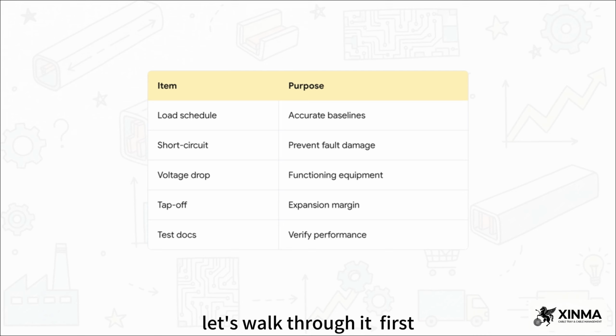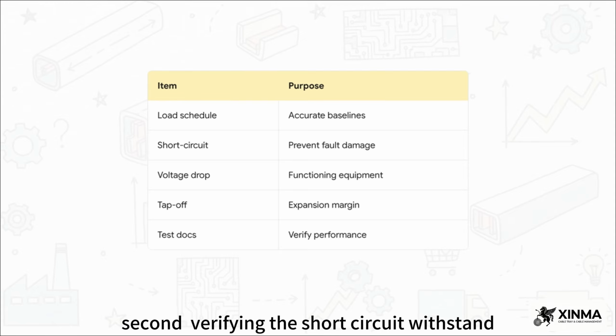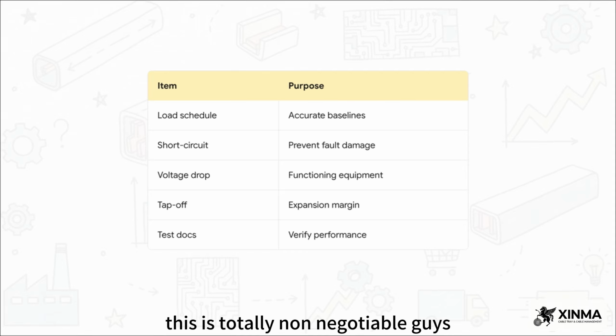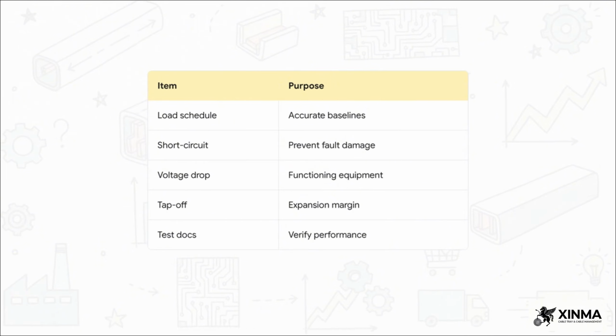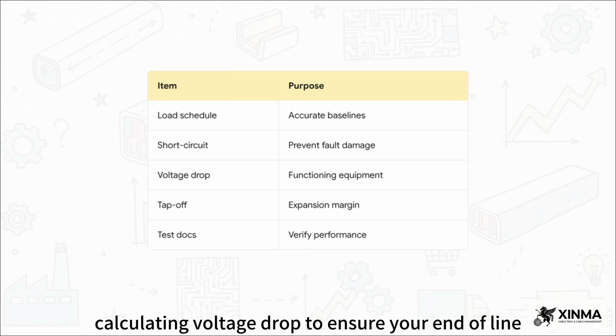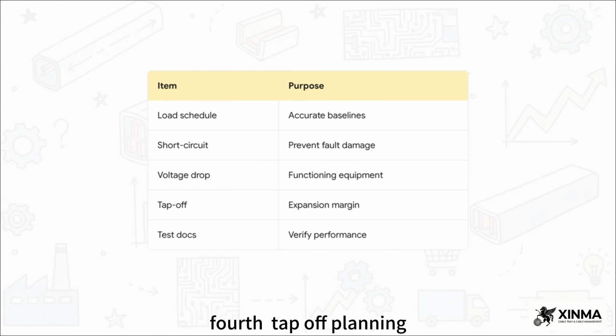Let's walk through it. First, the load schedule. This establishes your highly accurate baselines. Second, verifying the short circuit withstand. This is totally non-negotiable, guys. It's what prevents catastrophic fault damage. Third, calculating voltage drop to ensure your end-of-line equipment actually functions properly when it's all flipped on. Fourth, tap-off planning.